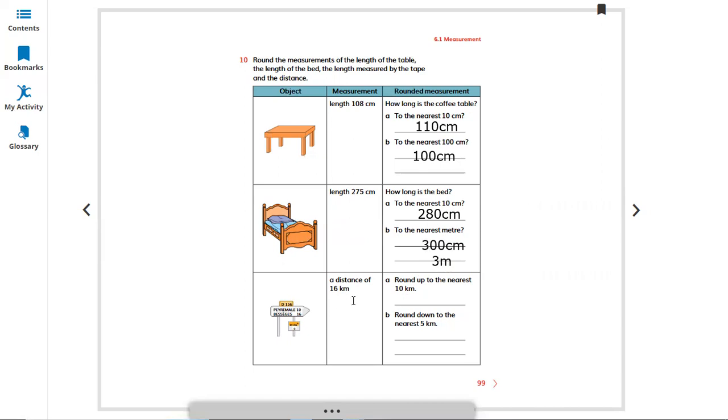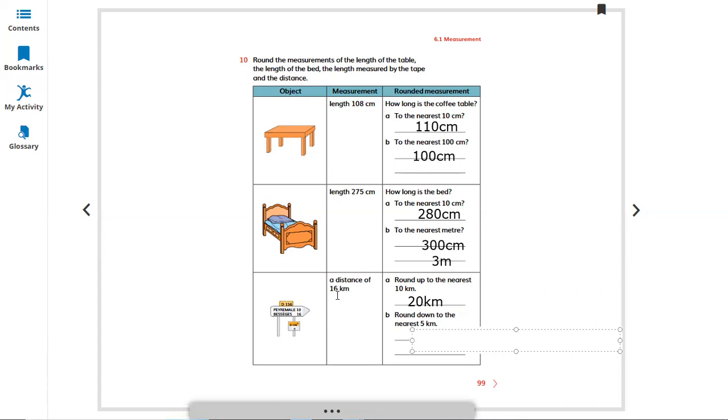A distance of 16 kilometer, so round up to the nearest 10 kilometer. So 16 is nearest to 20 kilometer, if we are talking about nearest 10, and round down to the nearest 5 kilometer.